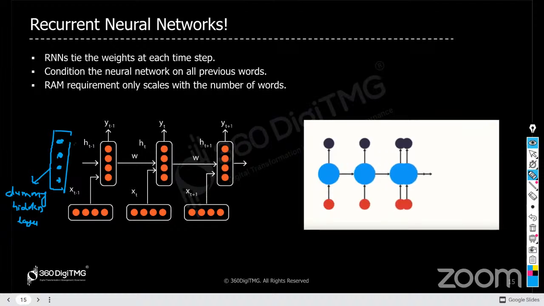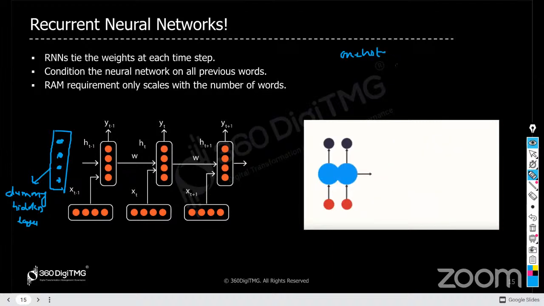Now, if I have 3 words and I am about to predict the 4th word, then every word needs to be converted into numbers. So we will do one hot encoding, which we have discussed before. The size of the first word would be V. So this is W1, this is W2, this is W3.